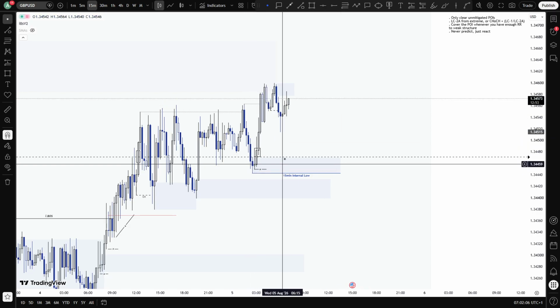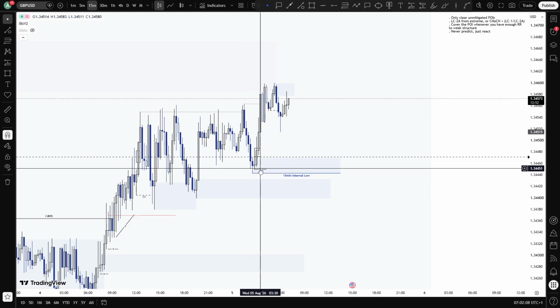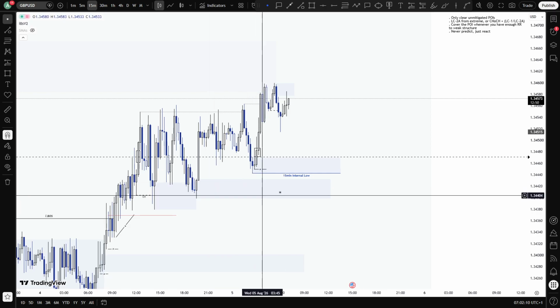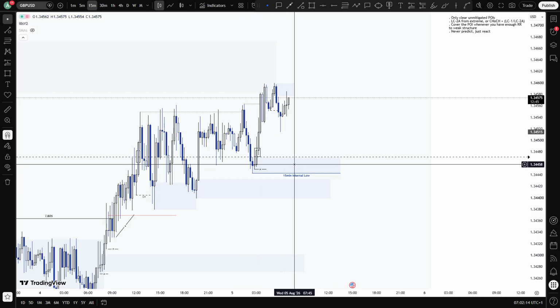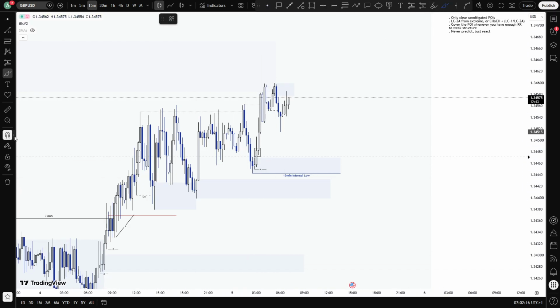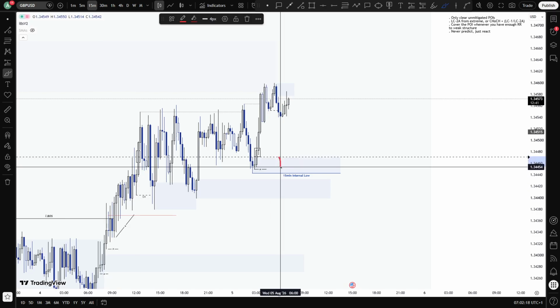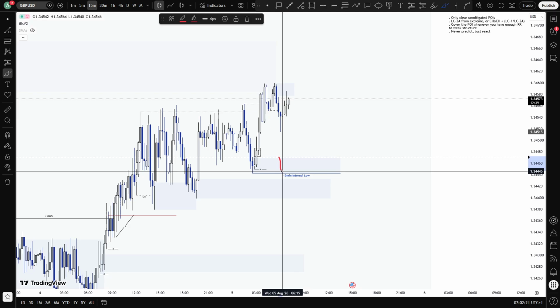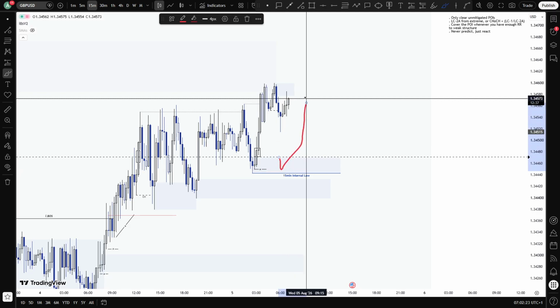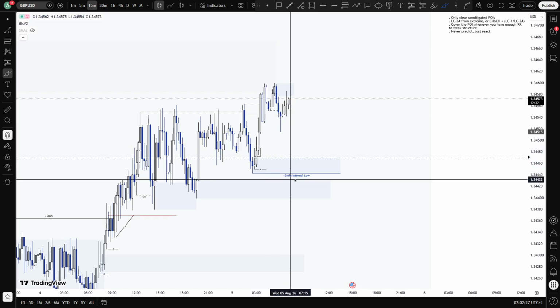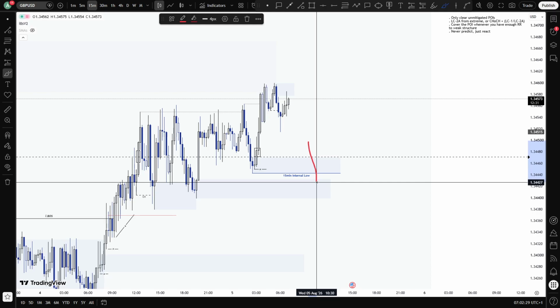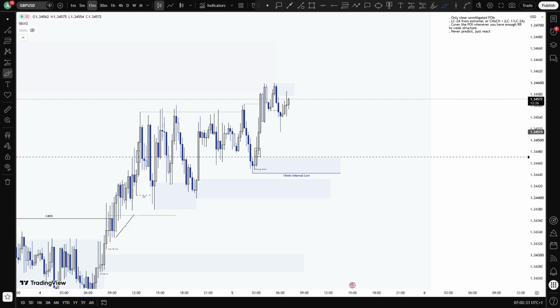In case we just break below that demand, we can mitigate the demand that is below it that has inducement as well. So we could see something like either price sweeping that inside bar and then giving us an entry and continuing to the upside, or price sweeping that internal low and giving us an entry directly from the demand and switching bullish.